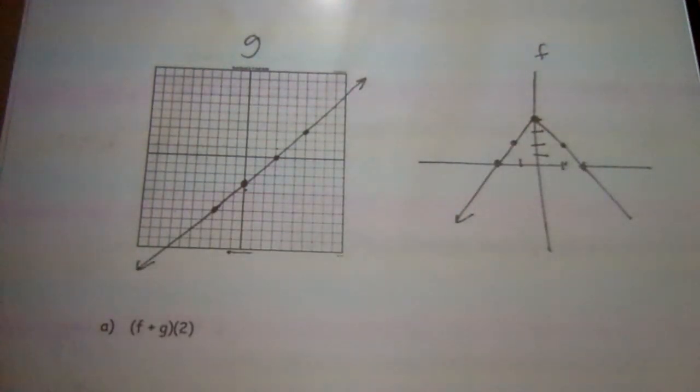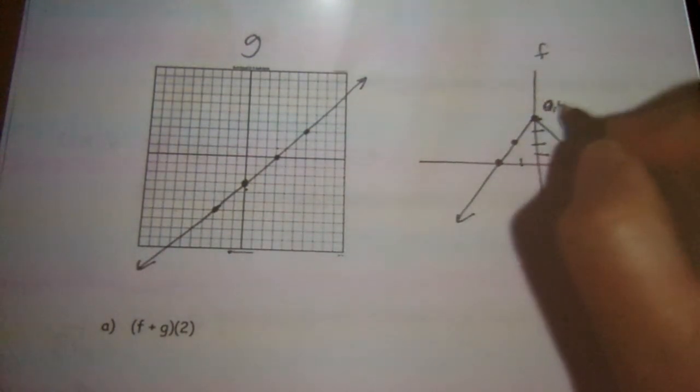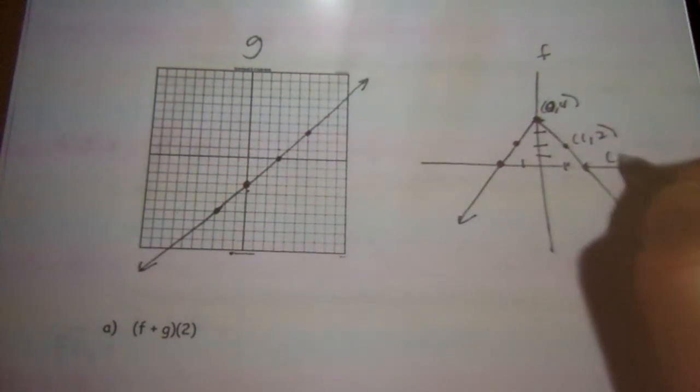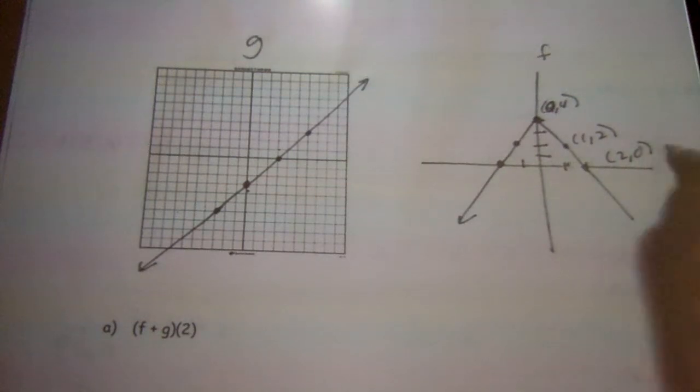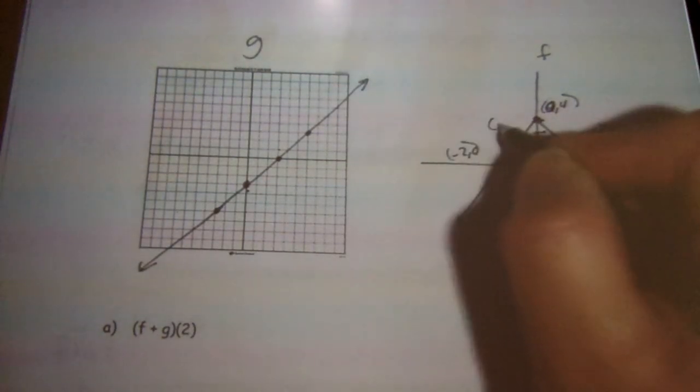So the f function is an absolute value type function. It's not the parent function, where it's at 4, 0, or 0, 4. This is 1, 2. This is 2, 0. Negative 2, 0. Negative 1, 2.